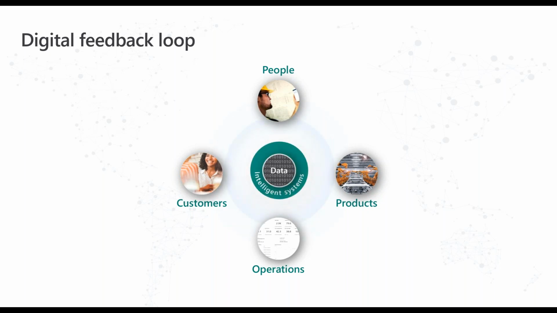So in the heart of our business applications, when we're designing them, is the data. And then on top of that is using intelligent systems to give that feedback to the stakeholders on the four pillars that you can see on the screen: to people, to products, to operations, and to customers.